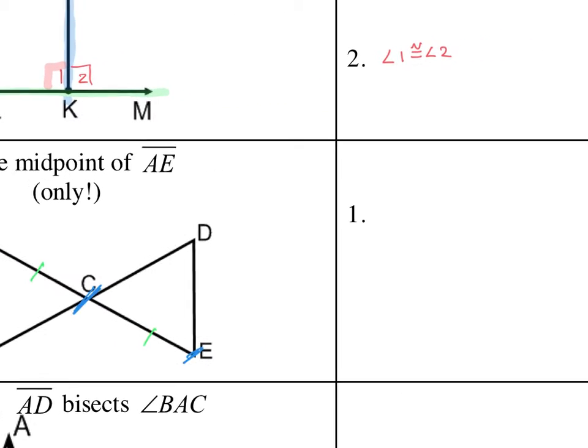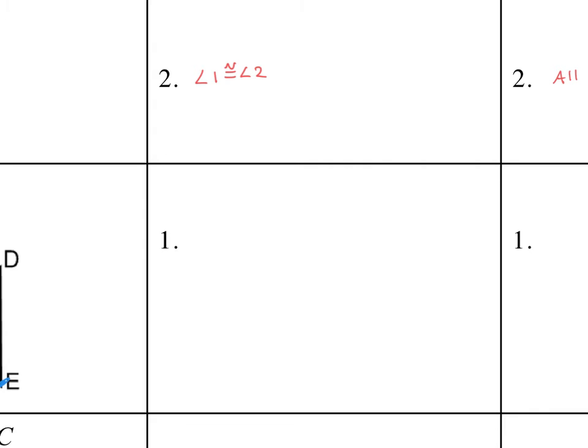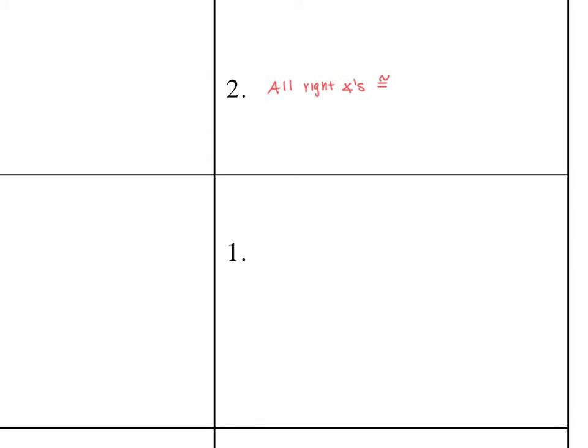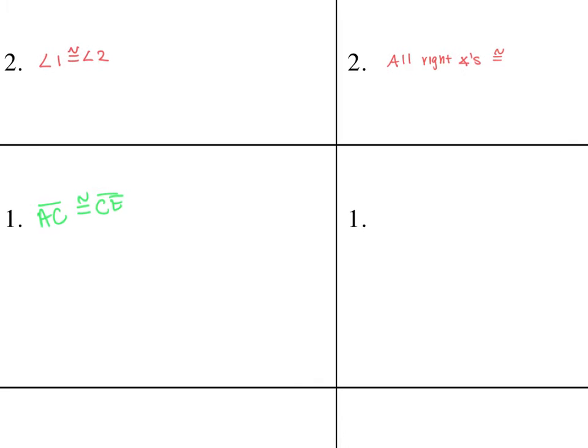I can say AC is congruent to CE, and my reasoning would be a midpoint creates two congruent segments. You also could have said definition of midpoint.